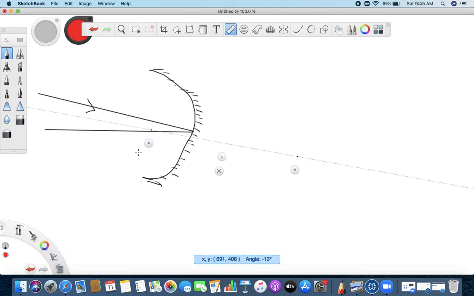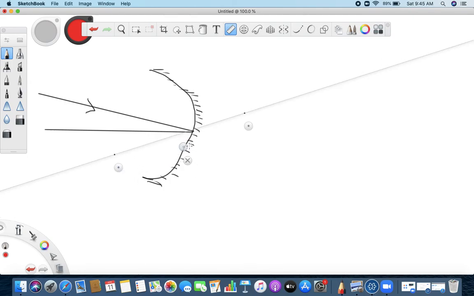After reflection, this is the reflected ray. So this is your angle of incidence and this is your angle of reflection.